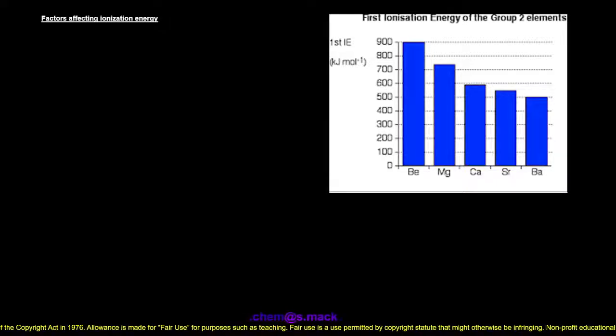We will look at our three factors that affect ionization energy in order to explain why first ionization energy decreases down a group.